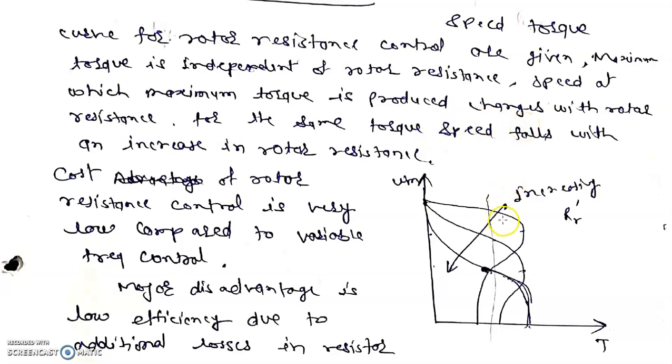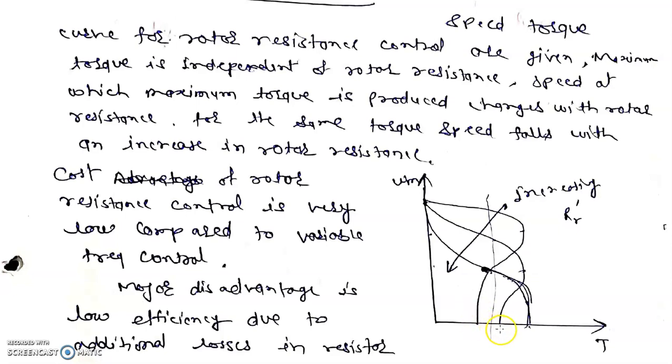The speed where the maximum torque is produced changes in each graph. So for the same torque, speed falls with an increase in rotor resistance.